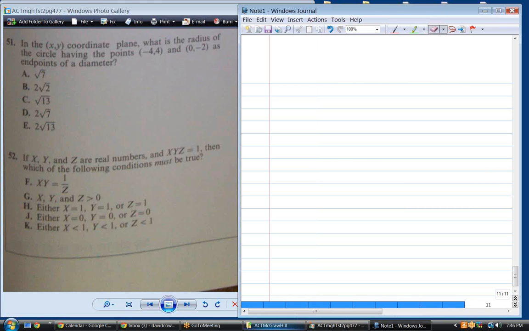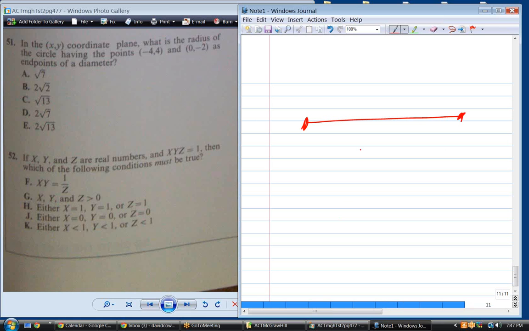Now this one, oh yeah. Ooh, I could have easily made a mistake on this, because it looks to me like if that's one endpoint of the diameter of the circle and that's the other endpoint, isn't the diameter the distance between the x's?